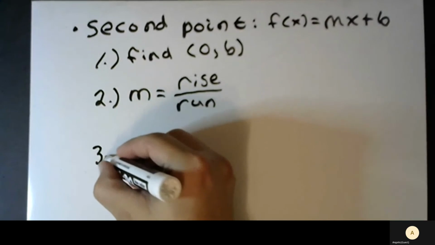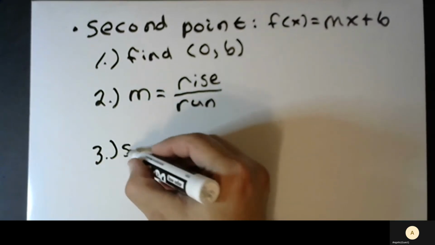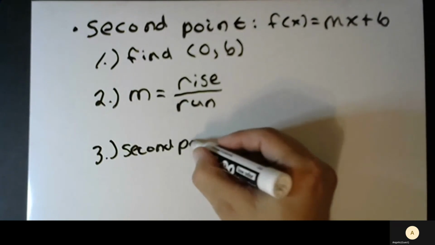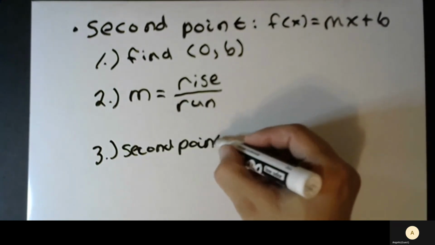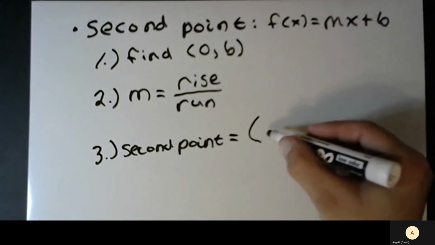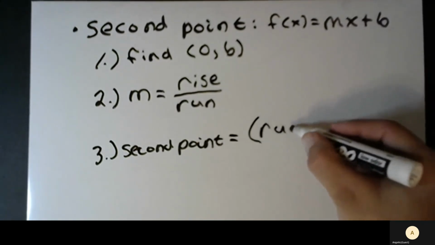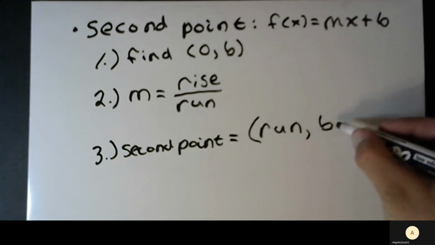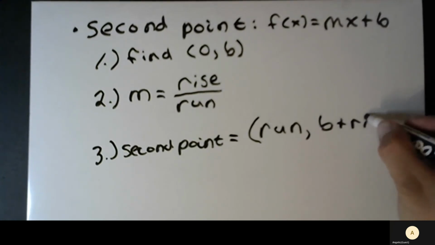And then the second point is going to be equal to the run, comma, b plus rise.